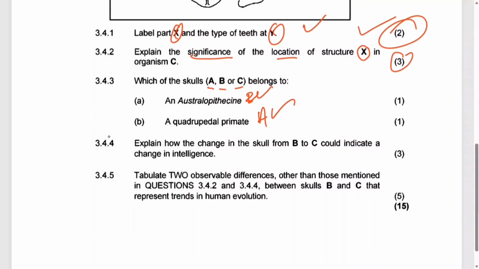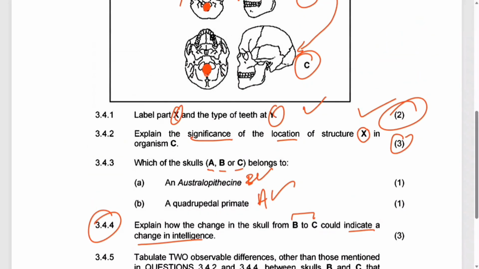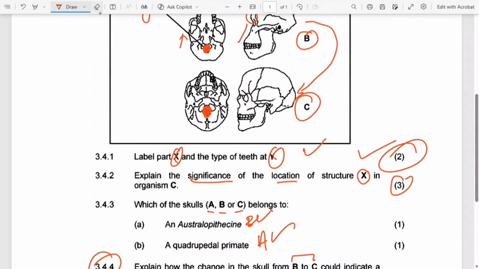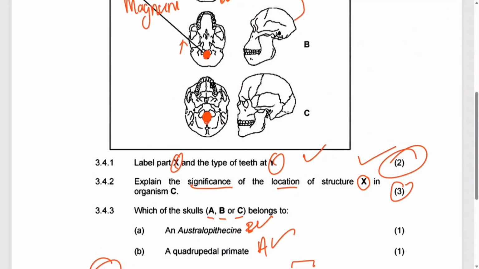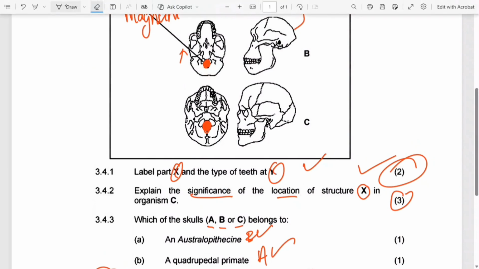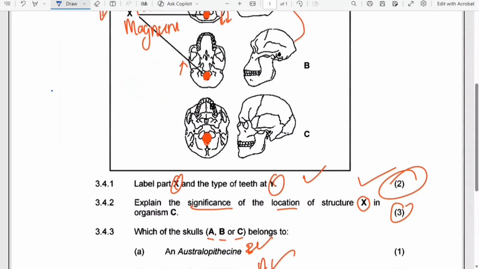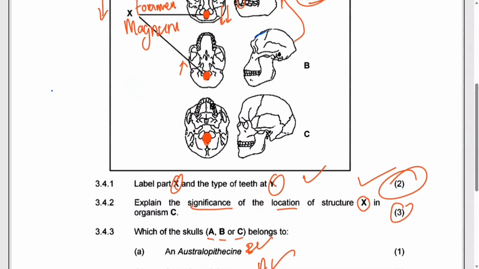So now, the question says, explain how the change in the skull from B to C could indicate a change in intelligence. I love this question. All right. So now, guys, if you check the skull of B, there is a key to support it, which is the cranium. The cranium houses the brain.